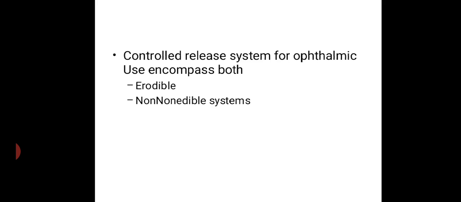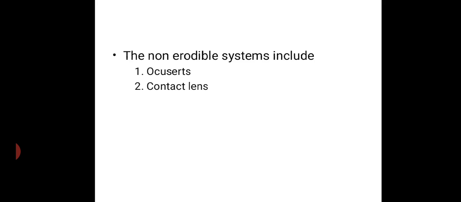Whereas in the non-erodible systems, the polymeric material will not erode in the eye, but it releases the drug while the polymeric material is not eroded. Now, the non-erodible systems are of two types, Ocuserts and contact lenses. These two non-erodible systems we are discussing in this session.